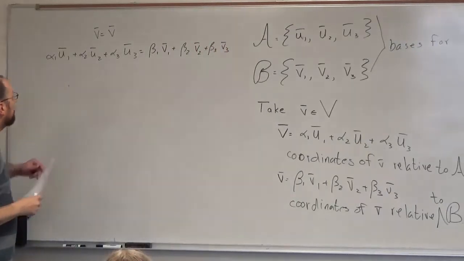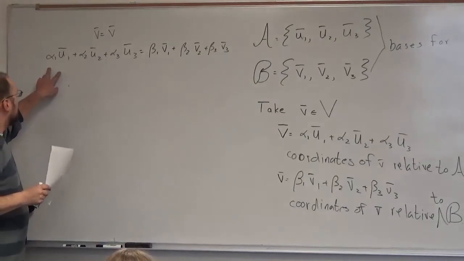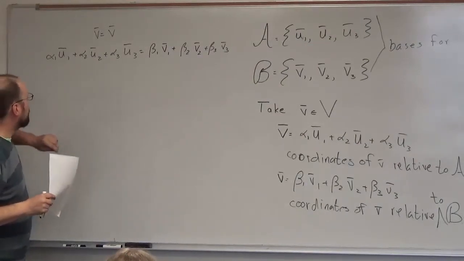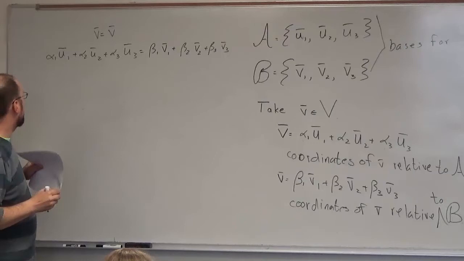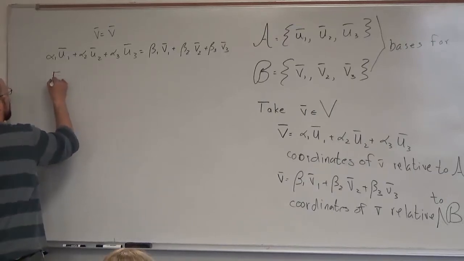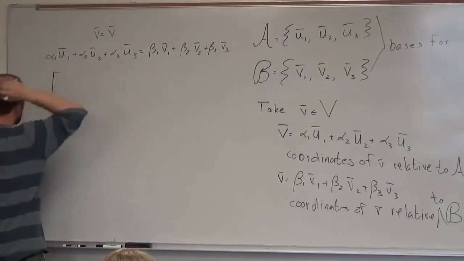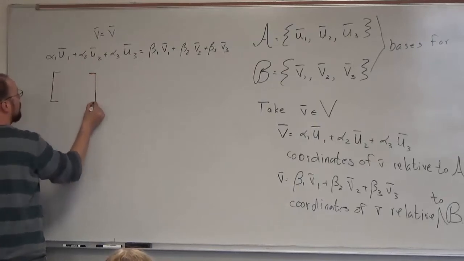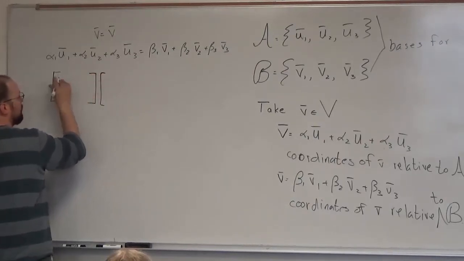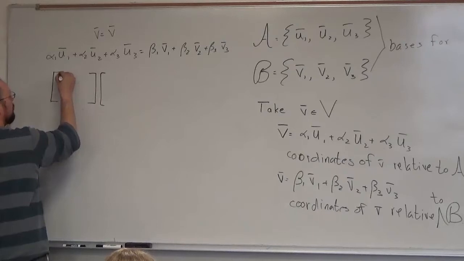So now let's recall that interpretation of matrix vector multiplication, supposing these are column vectors.